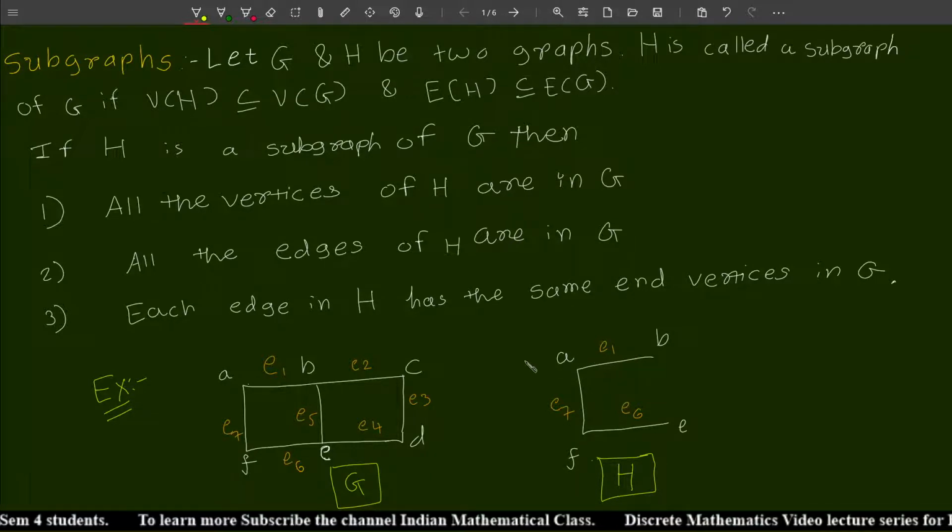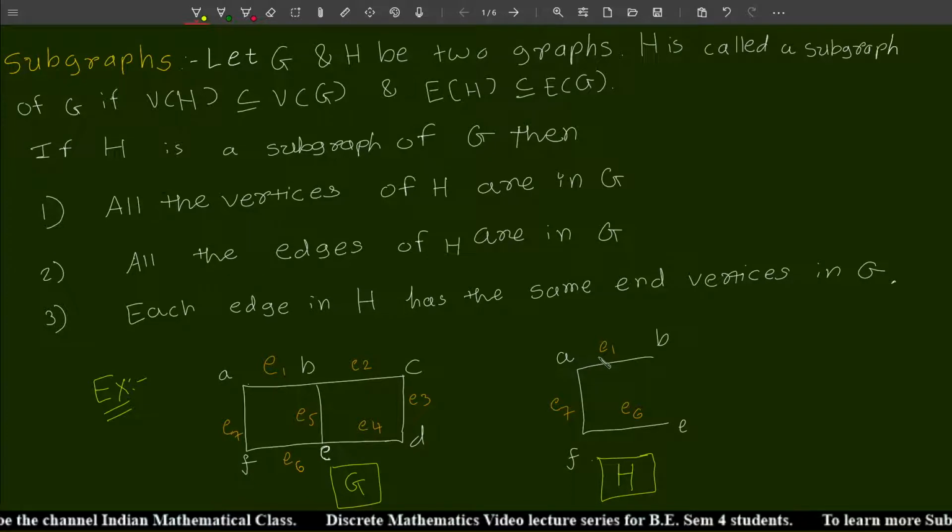Now I can see that the vertex set of H is contained in the vertex set of G and the edge set of H is also contained in the edge set of G, meaning all the vertices of H are in G and all the edges of H are in G.